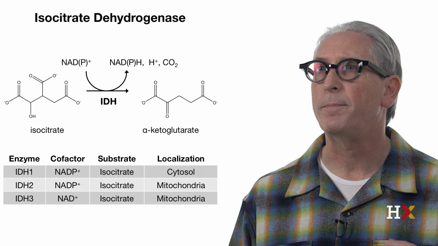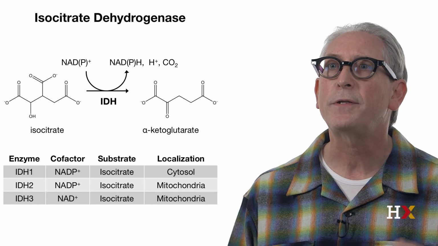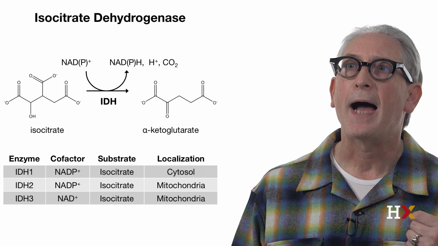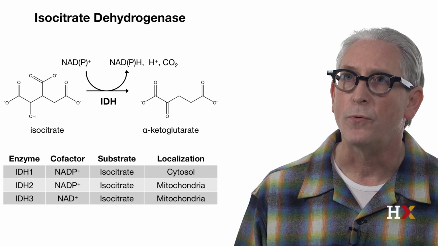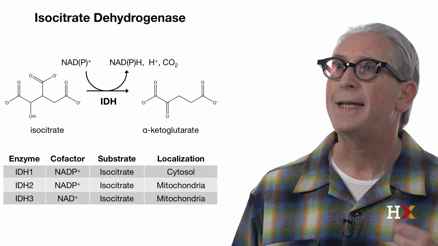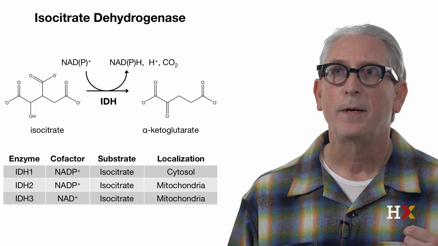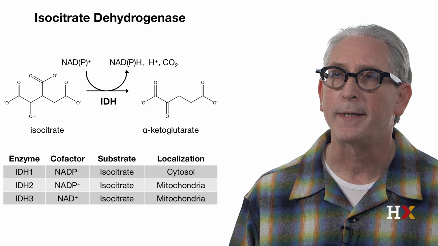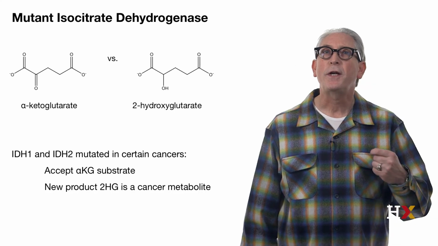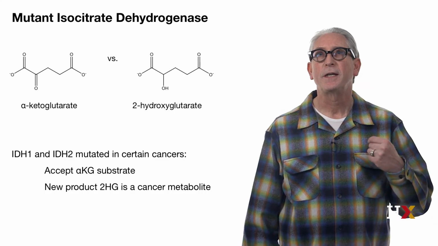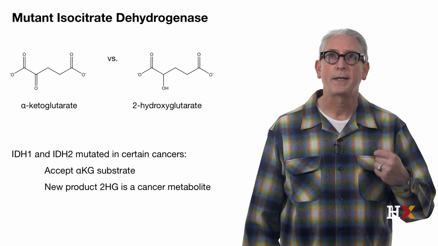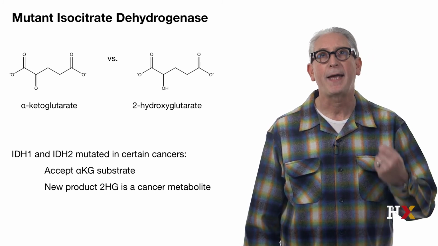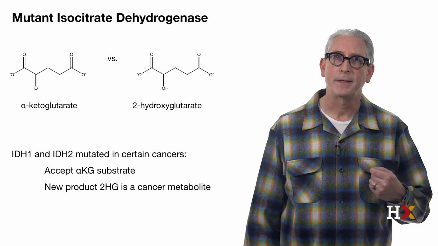IDH3 is found in the mitochondrial matrix and uses NAD+ as a cofactor. In contrast, IDH1 and 2 both use NADP as a cofactor, but IDH2 is mitochondrial, while IDH1 is cytoplasmic. Mutations in the genes coding for IDH1 and 2 are frequently observed in different types of cancer, including gliomas.